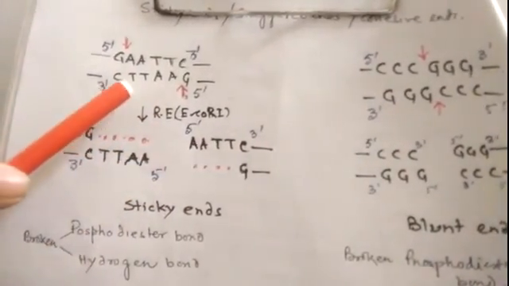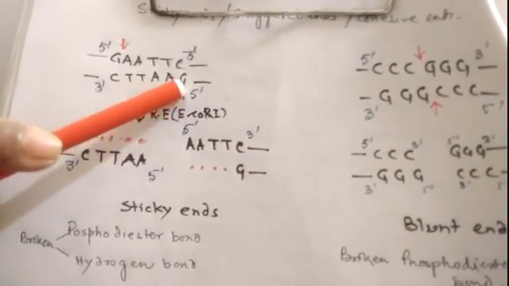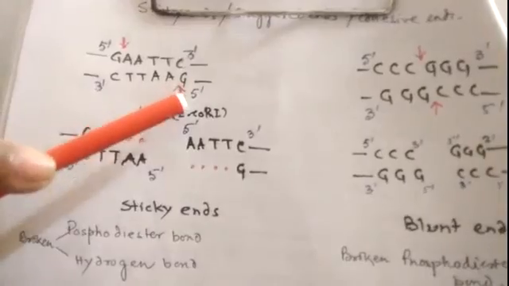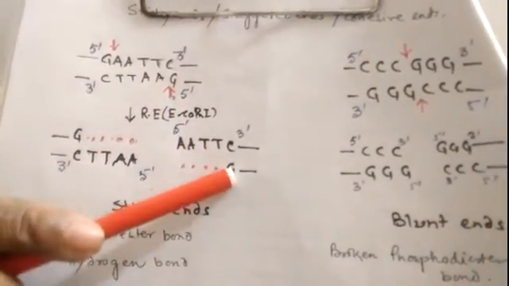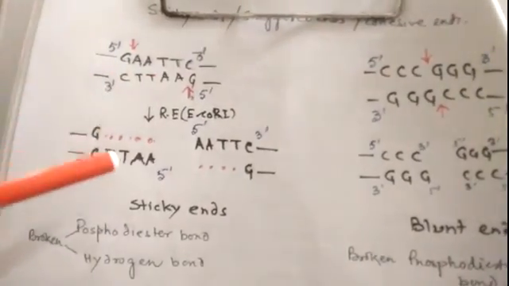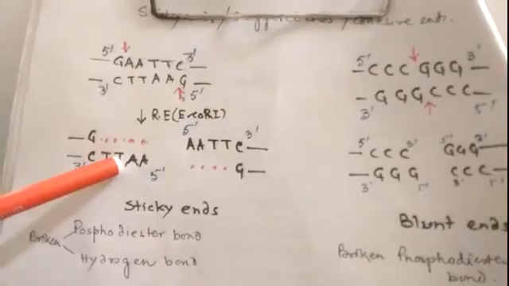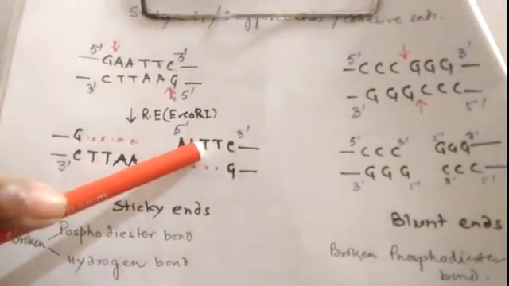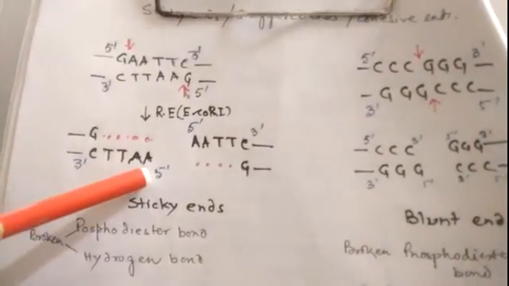Again, now if we go for the complementary strand, what we'll find, it is cutting between G and A. So here we will find that this end will be left with only G, and this end will be left with AATTC. So this AATTC and this AATTC, you can see this is the 3' end and this is the 5' end.